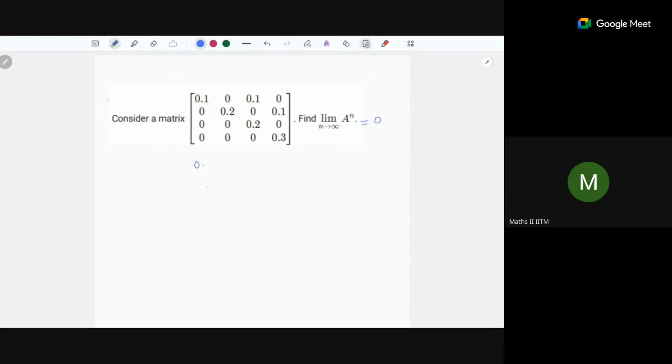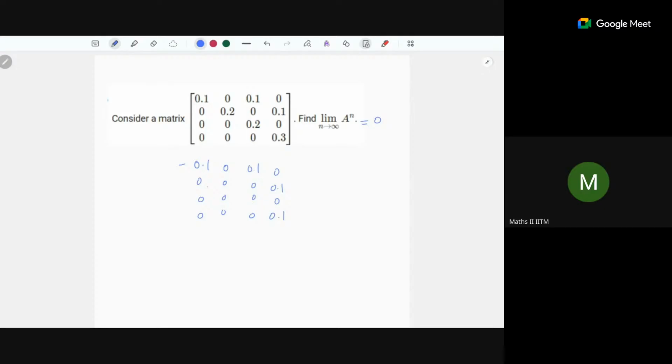So it will be 0.1, 0, 0, 0, 0.1, 0, 0, 0, 0, 1, 0, 0, minus, sorry, it will be this minus, and then this is this. Yeah, nullity is 2. Yeah, what I was saying, I was wrong.